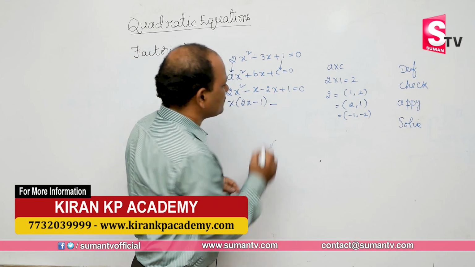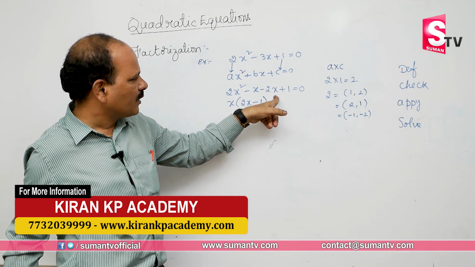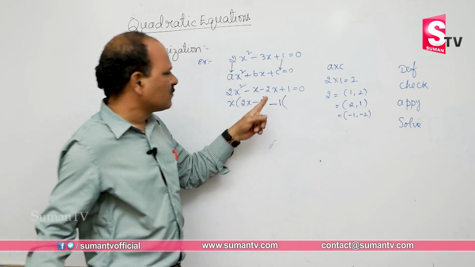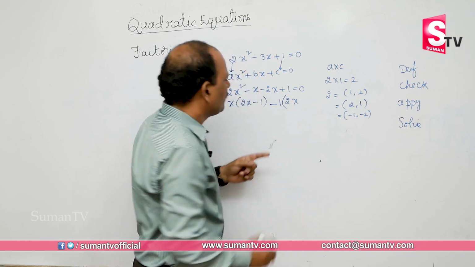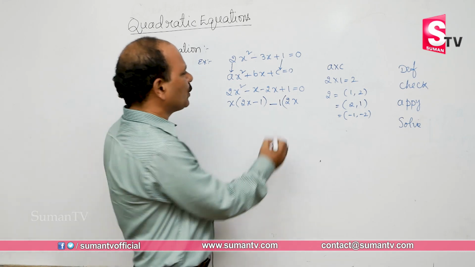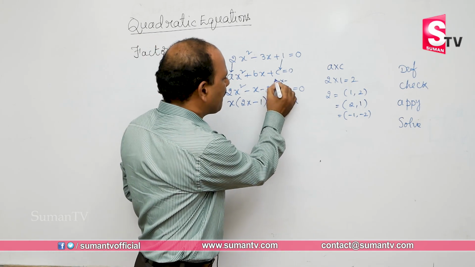Now, from this also, I can take 1 common. Once 1 went common, here 2x, and in the plus, you have two minus symbols. Minus into minus will become plus.